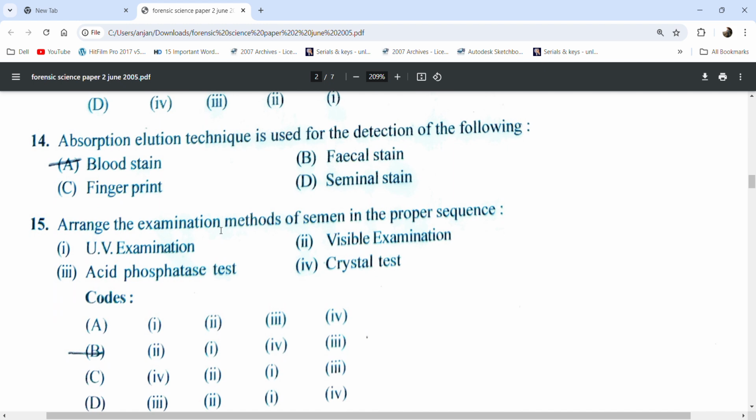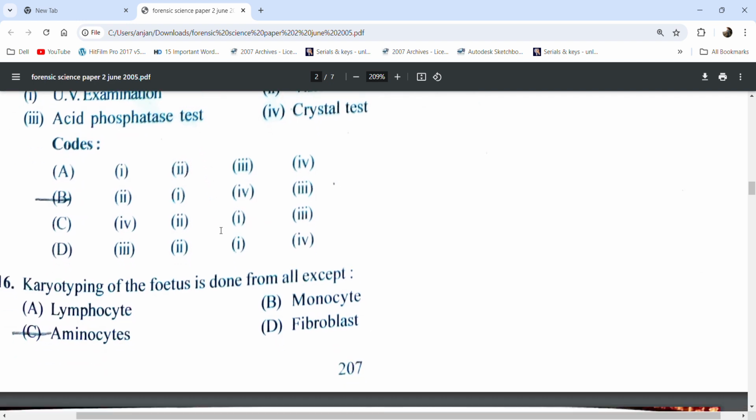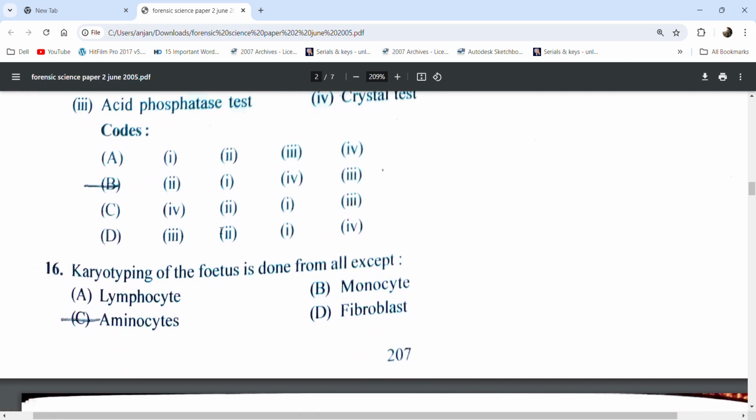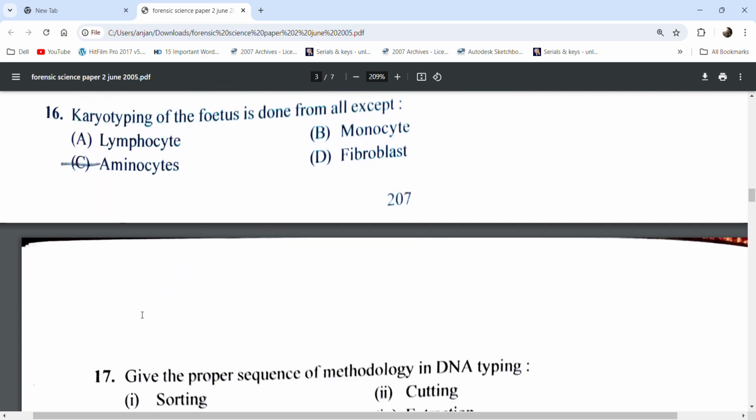Second, visible examination. First, UV examination. Fourth, crystal test. Third, acid phosphatase test. Karyotyping of the fetus is done from all except amino.